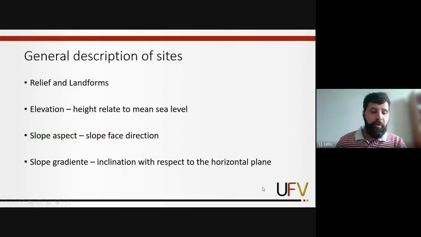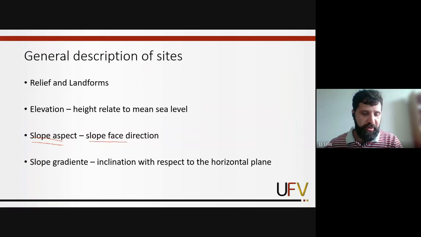And we also should describe the slope aspect. Slope aspect is only the direction of the face of the slope.